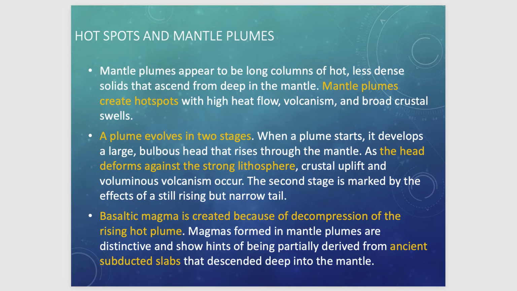Mantle plumes are essentially related to the convection processes that take place on our planet, in particular the convection that takes place in the outer core as well as the lithosphere. So asthenosphere and lithosphere and their interaction will lead to the production of these mantle plumes.